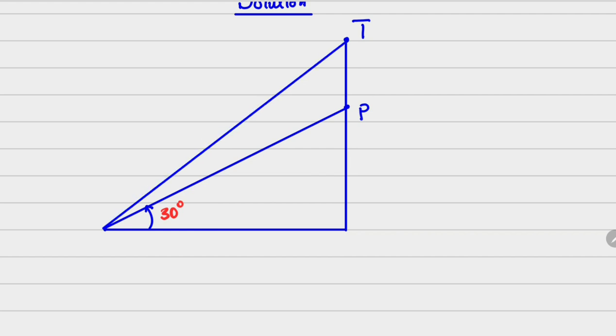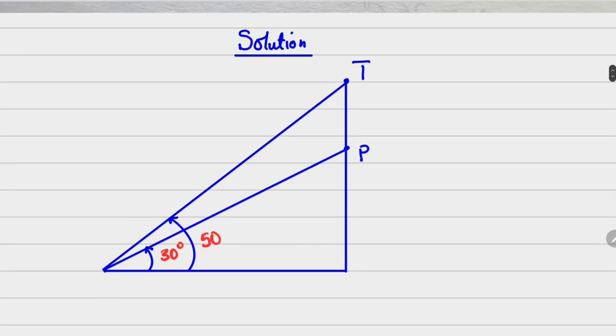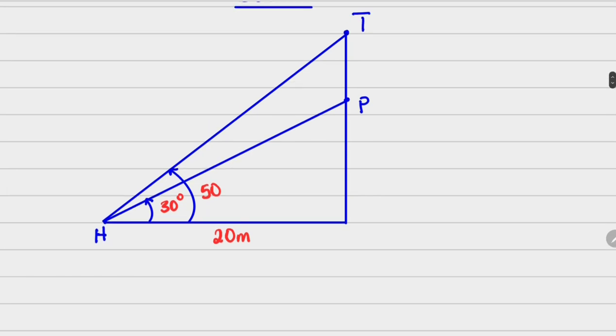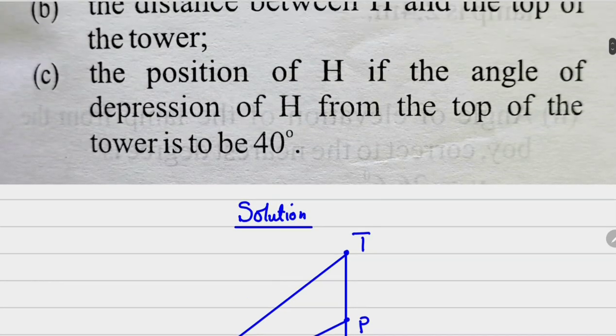So here, this angle of elevation, we have 50 degrees. Okay, good. Now we've drawn it. Remember, here is actually 20 meters and this is my point H, according to the question. Now let me just have this as O, the base of the tower.